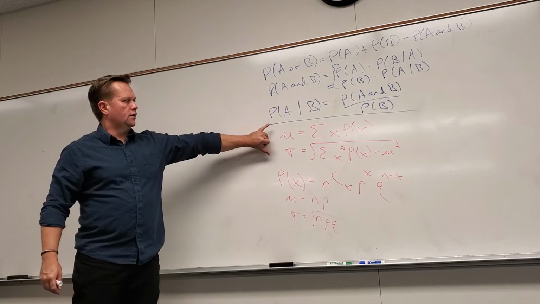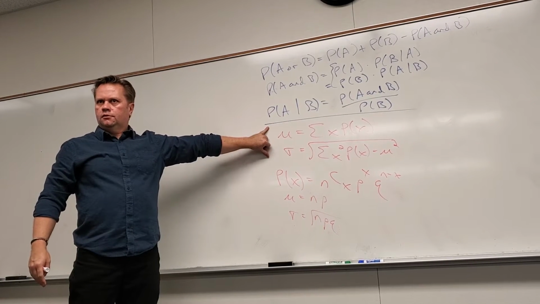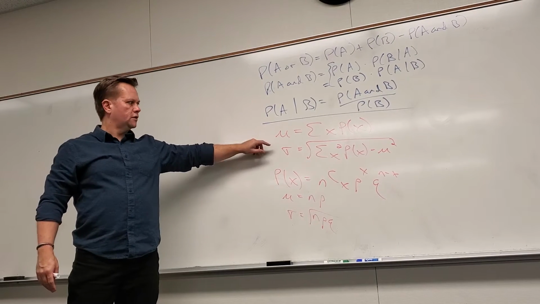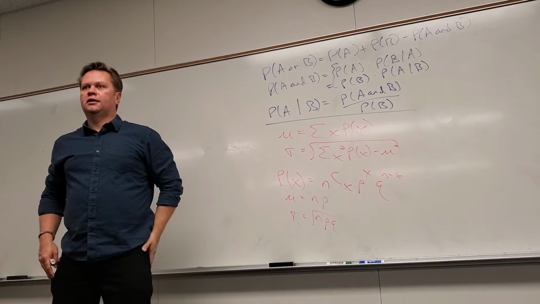So this was, if I give you a table x p of x, right? It kind of makes sense. If you see a table x p of x and I'm asking you to calculate mean and standard deviation, well, those have x and p of x in them. So that's probably a good idea.